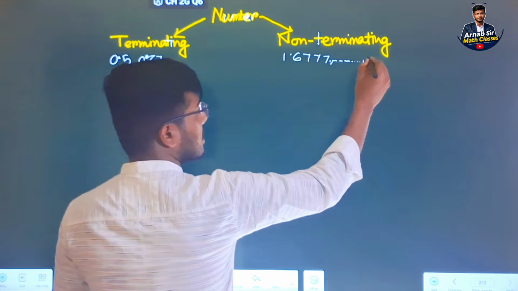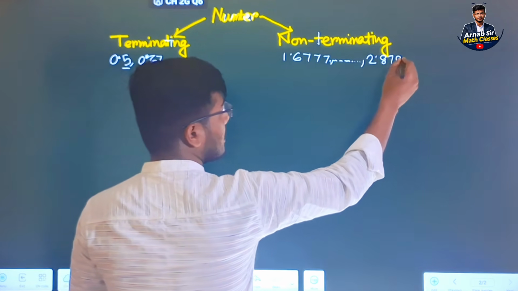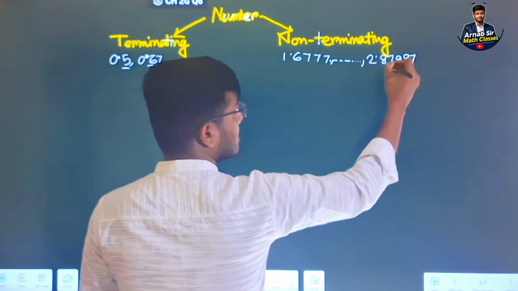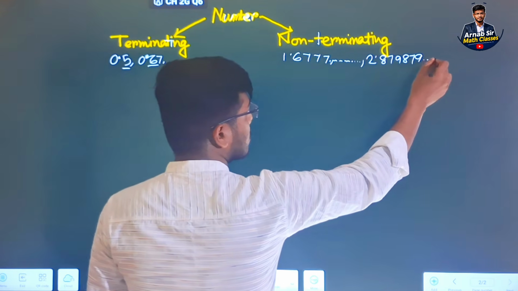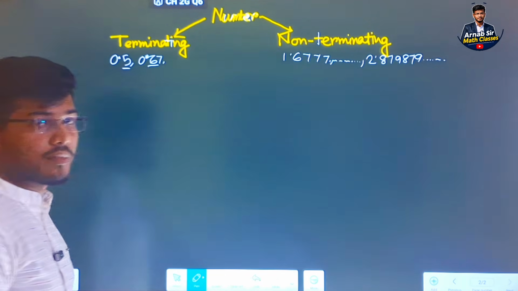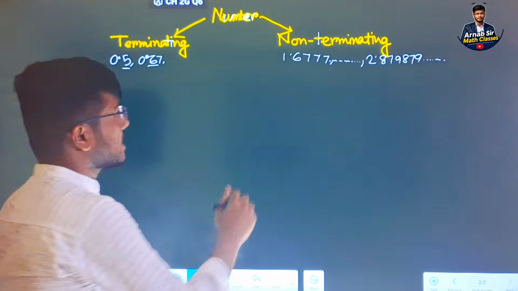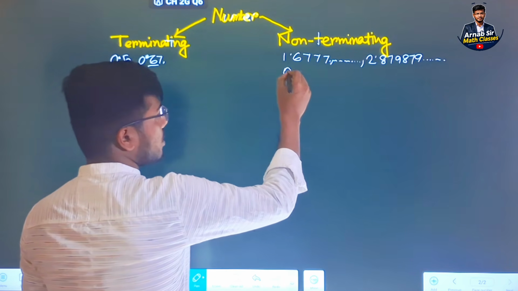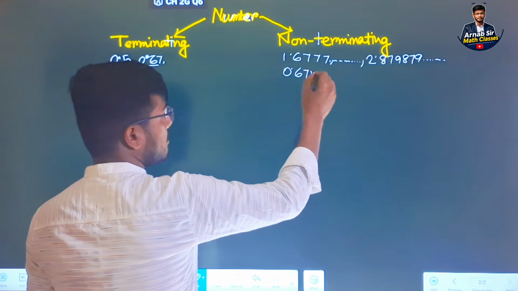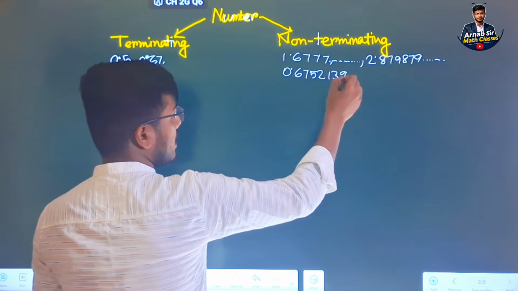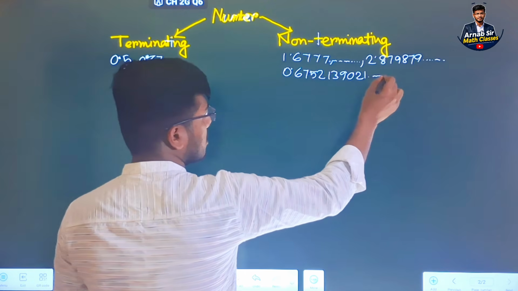Suppose we take one number 2.879879 up to dot. Okay. Clear? Suppose we take one number 0.6752139021 dot.